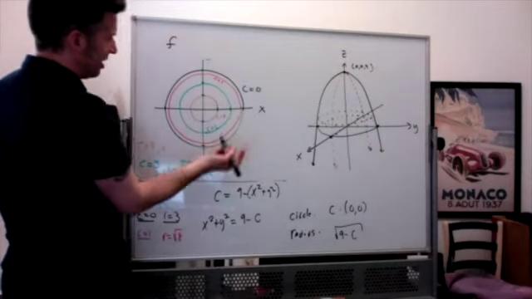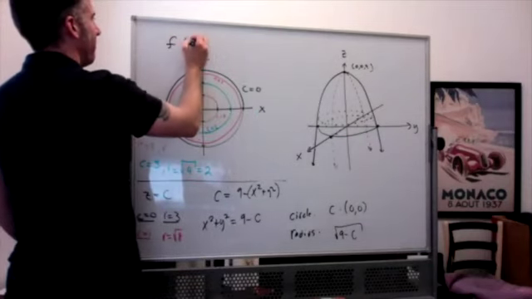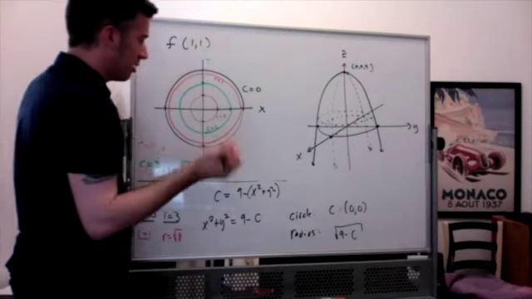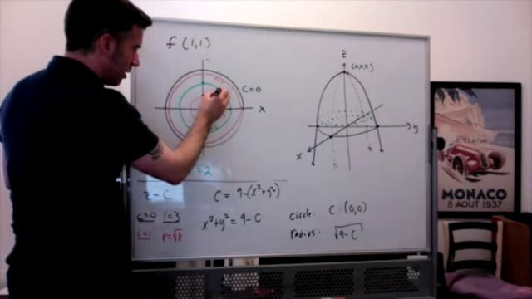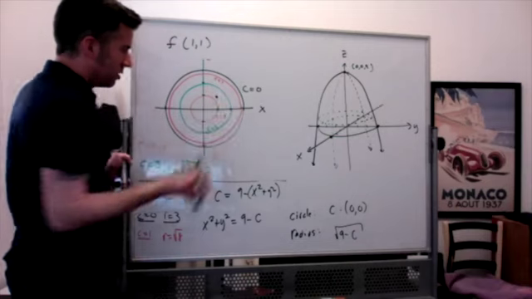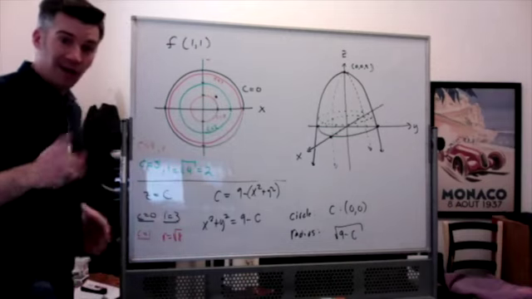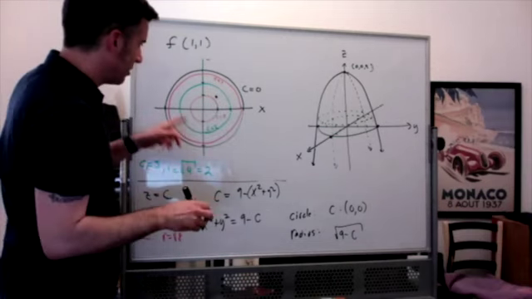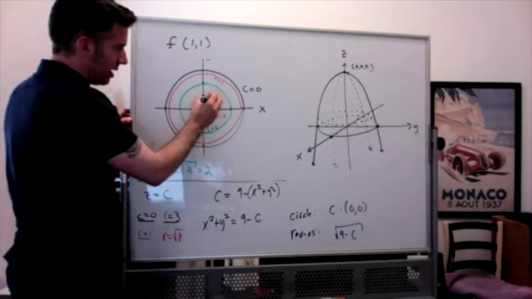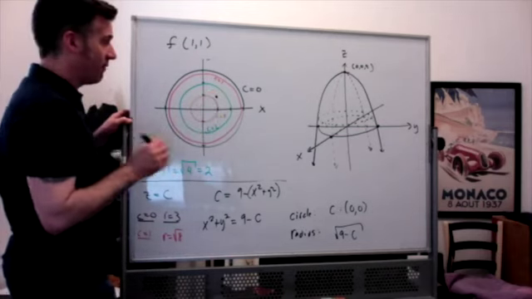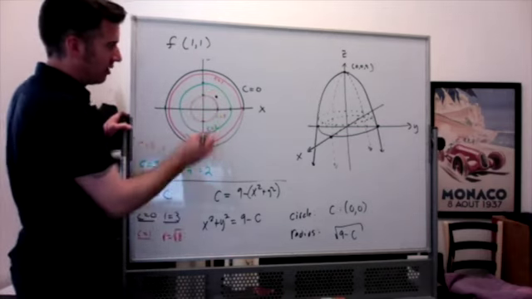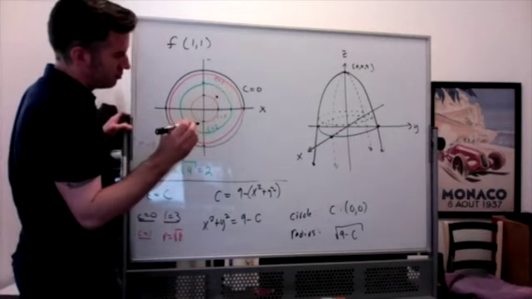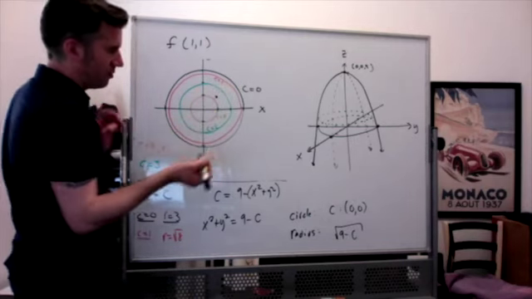I could use this to say, what's f of 1 comma 1? Well, here's 1, 1. I know that if I was right here on the orange curve, f of that would be equal to 8. And if I was over here on the green curve, that's a lot of range.